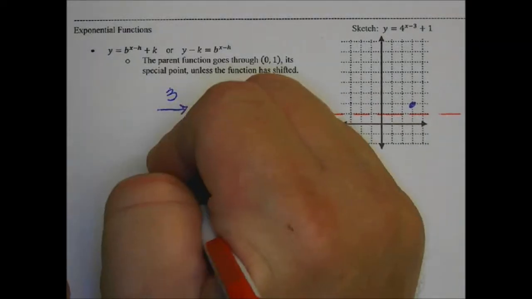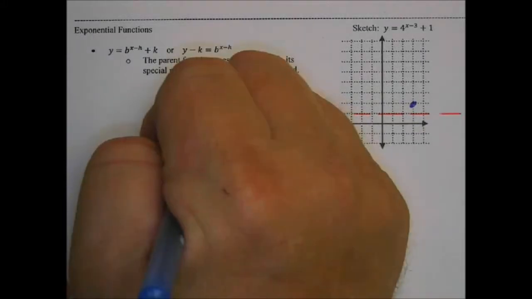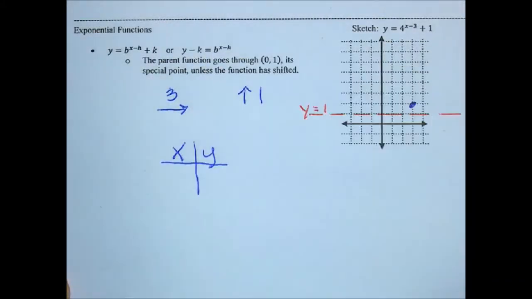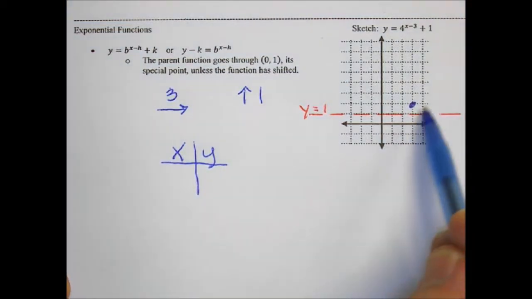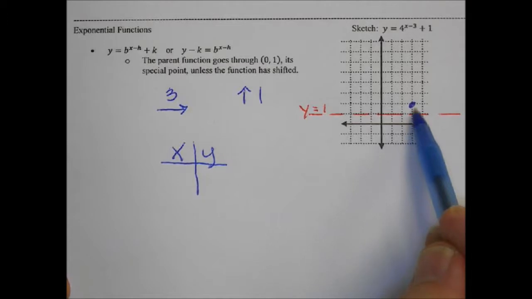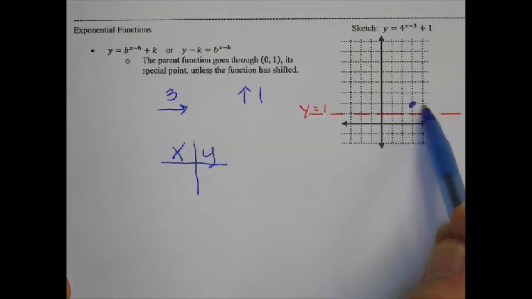And really all we need to figure out what's really going on is maybe one more point on the graph. So we already know that this point is at 3, 1. So let's see what the next point to the right of it is.